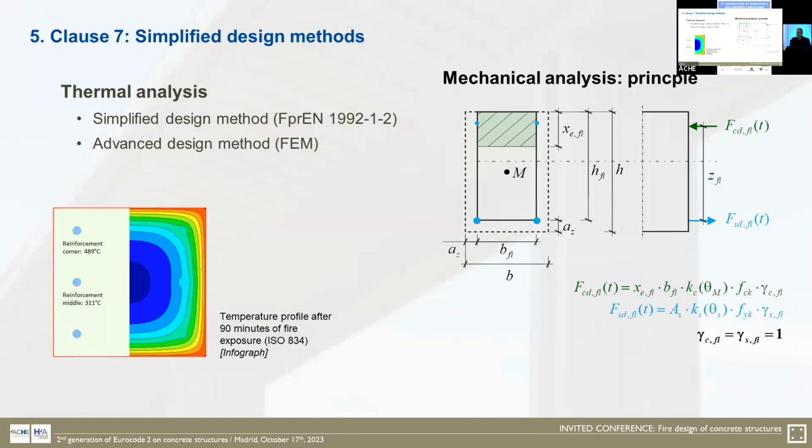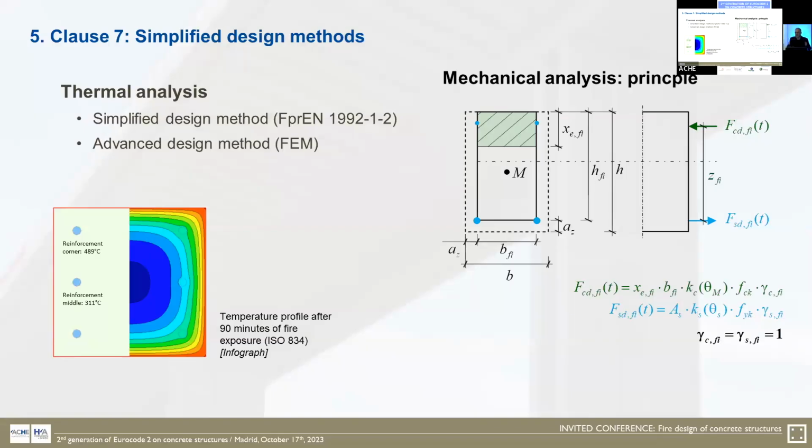Now, you can either apply the coefficient to the yield strength, in which case you are more tied to what happens physically, so the yield strength going down, or you can apply the K coefficient to the area of steel, thereby reducing the geometry. And this is our approach.